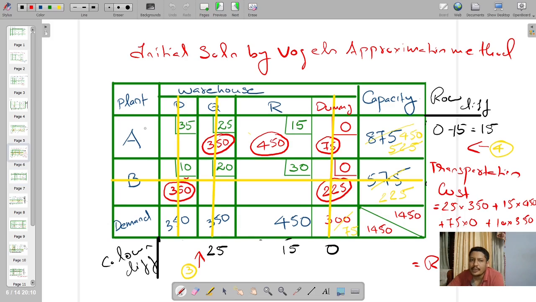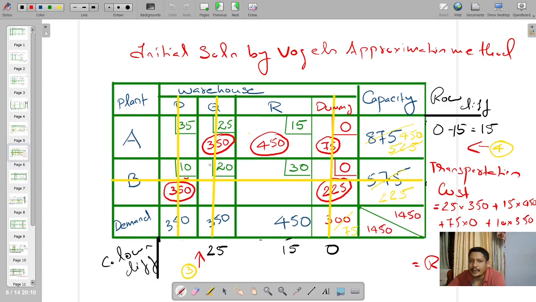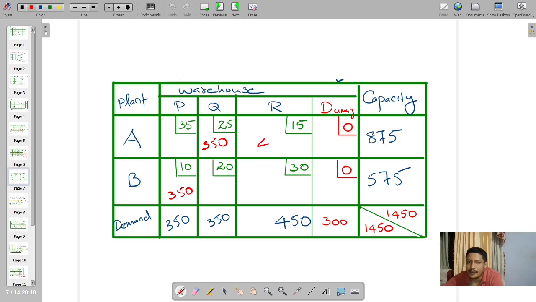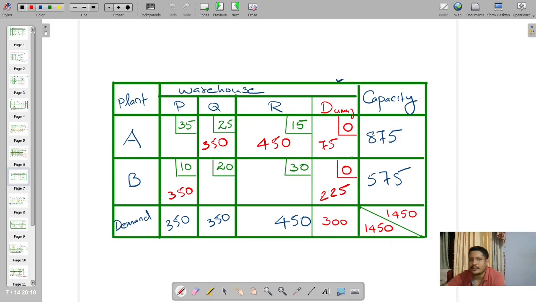So we have 350 and 350, then 450 here, and we have 75 on the top and 225 in the bottom as our allocations. Now we'll go for checking the optimality.